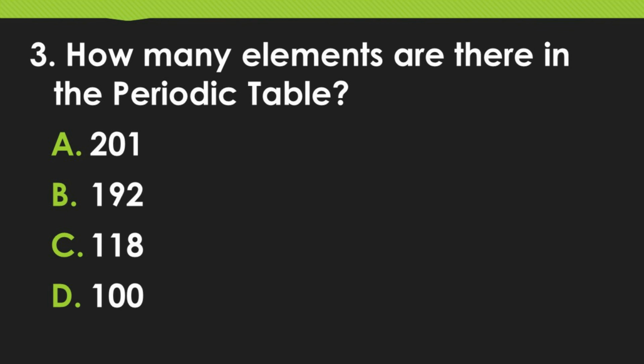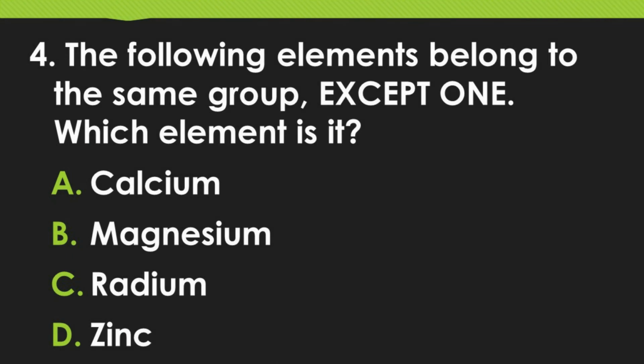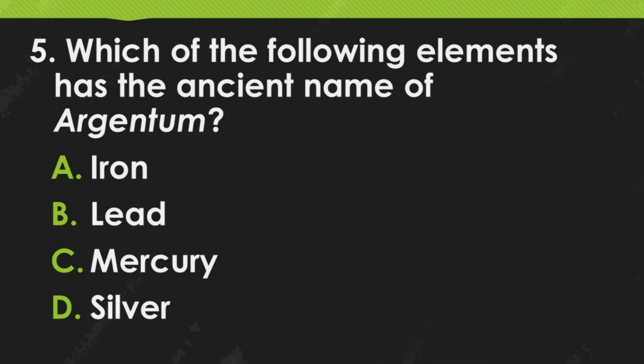B. 192. C. 118. D. 100. 4. The following elements belong to the same group except one. Which element is it? A. Calcium. B. Magnesium. C. Radium. D. Zinc. 5. Which of the following elements has the ancient name of argentum? A. Iron. B. Lead. C. Mercury. D. Silver.